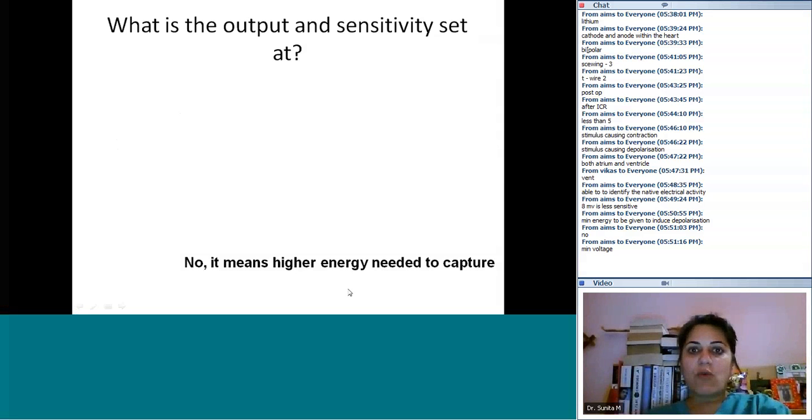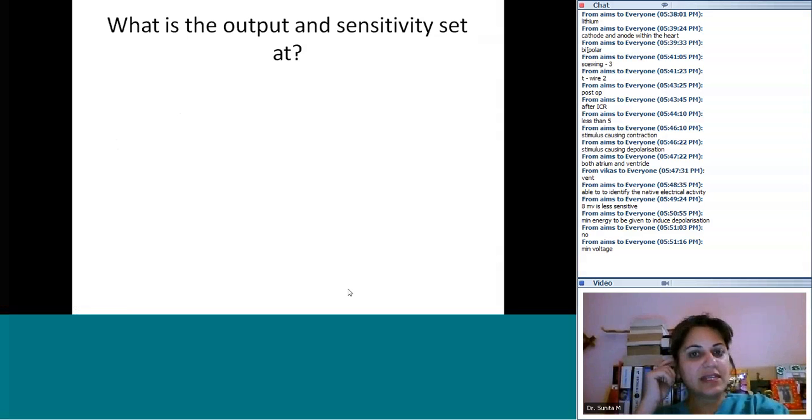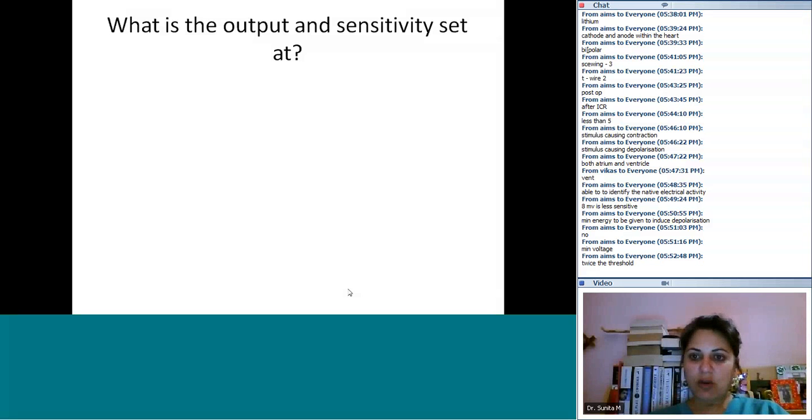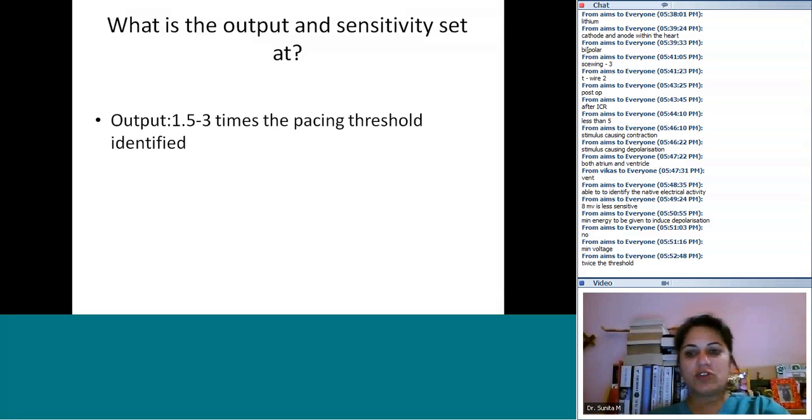Okay. So what is the output and sensitivity set at? Let's say you find that your threshold is X and your sensitivity is X. What do you typically set your output at? What do you typically set your sensitivity at? So you can go 1.5 to 3 times the pacing threshold identified.